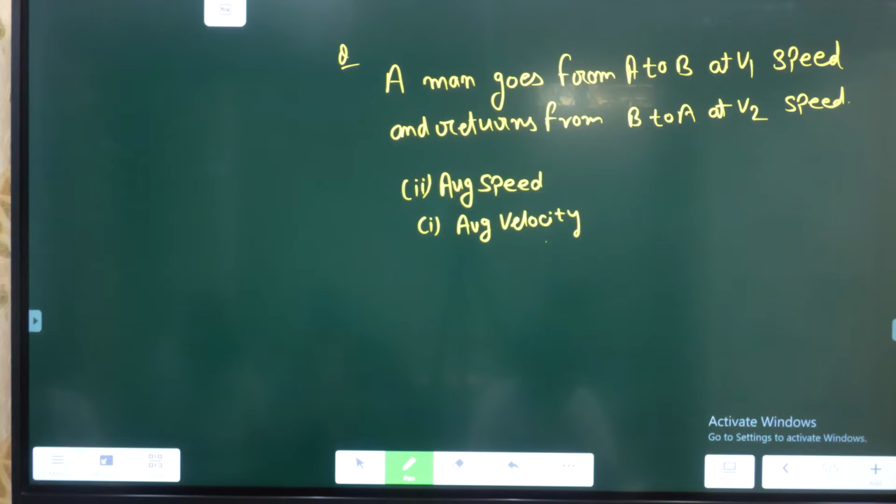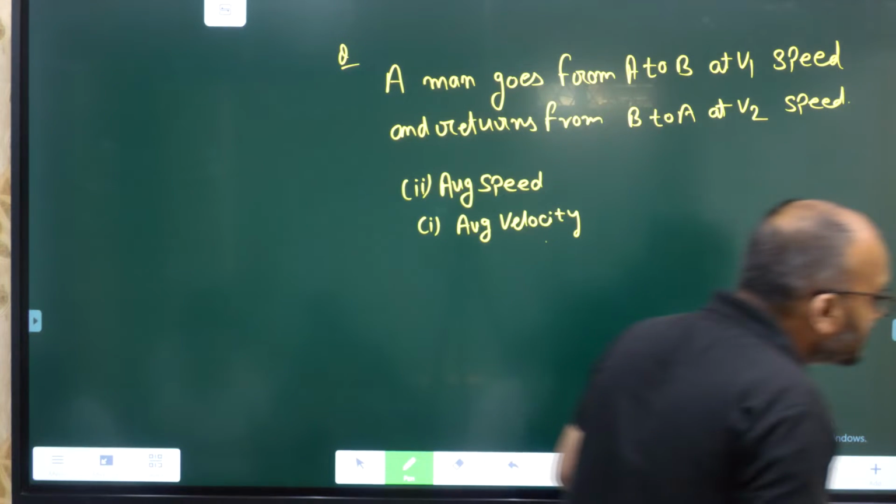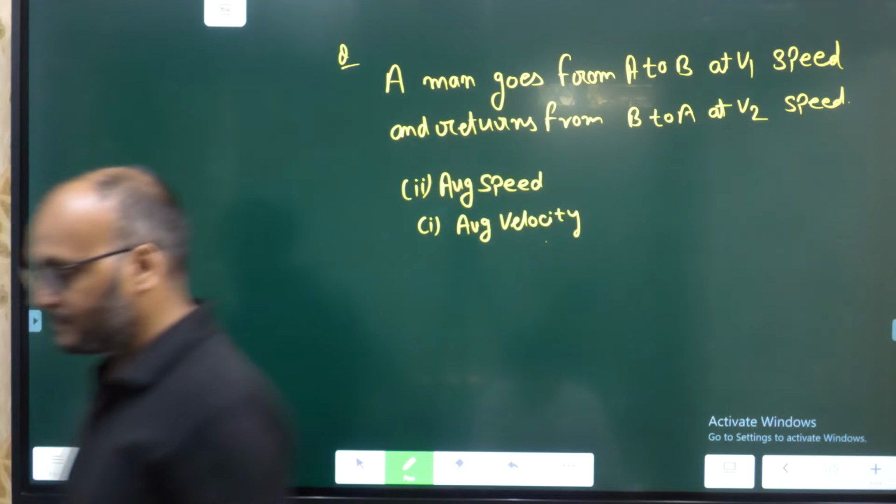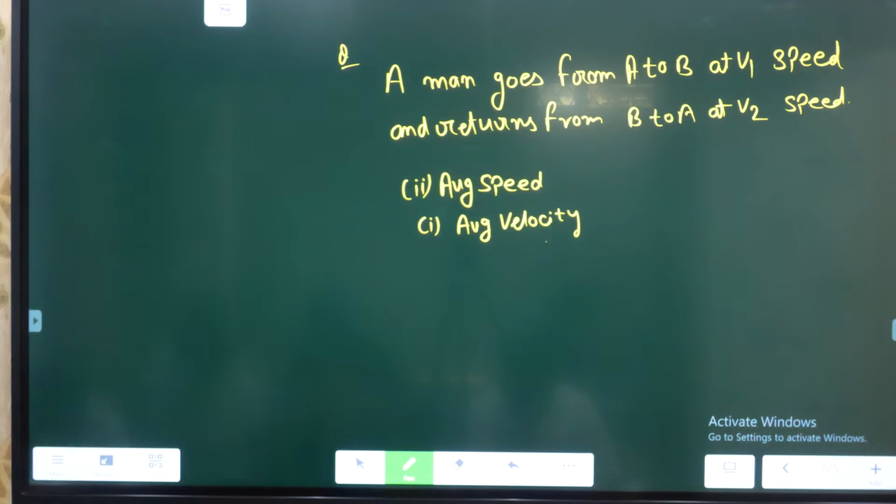Sir, average speed is V1 plus V2 by T, and average velocity is V2 minus V1 by T. My dear, both the answers are wrong. Don't go by cramming, use your brains.